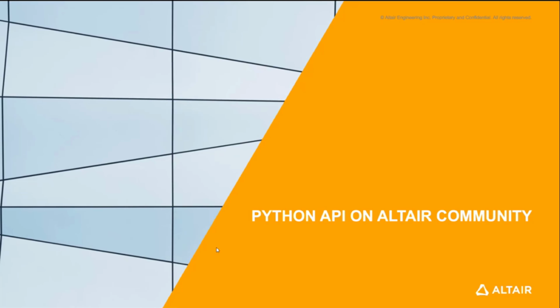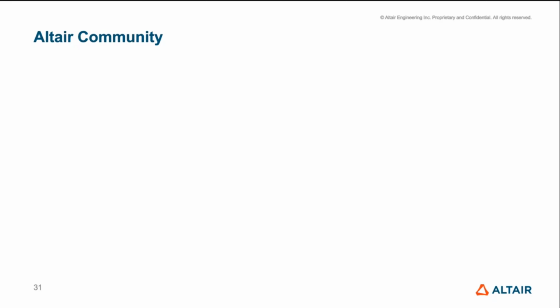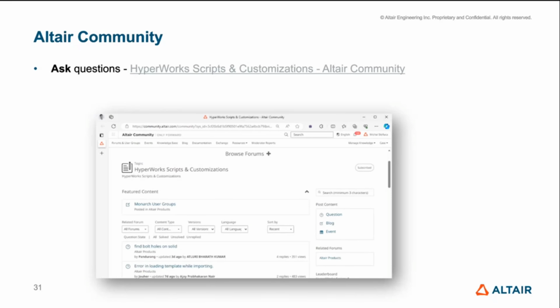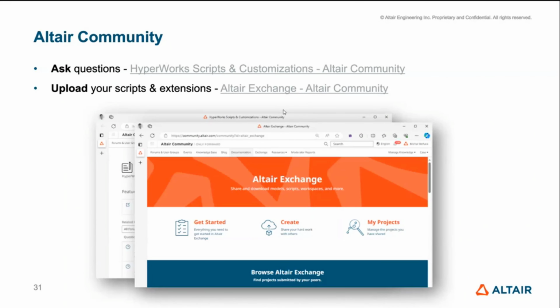So I will speak to you about how you can support our Python initiative, how you can help us create a knowledge database on Altair Community. In fact, we want you to ask questions on Python, when it is available in the 24 version, on HyperWorks scripts and customization in Altair Community, and also upload your scripts and extensions on Altair One Exchange.